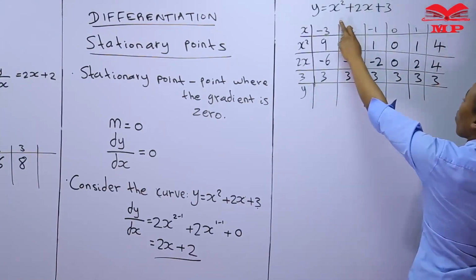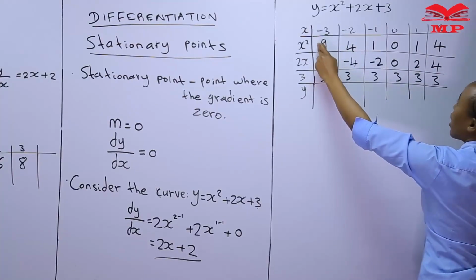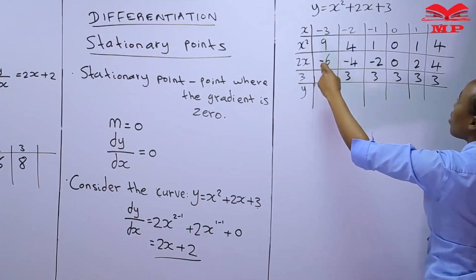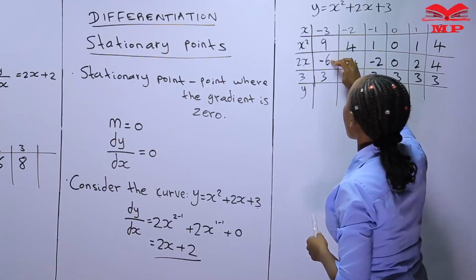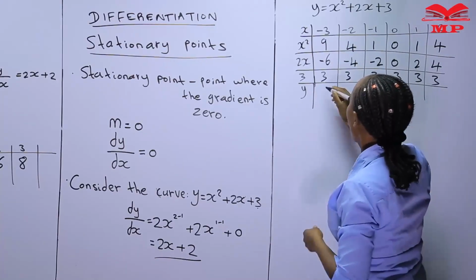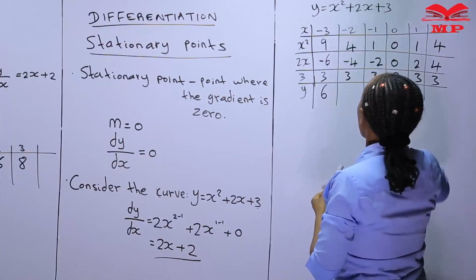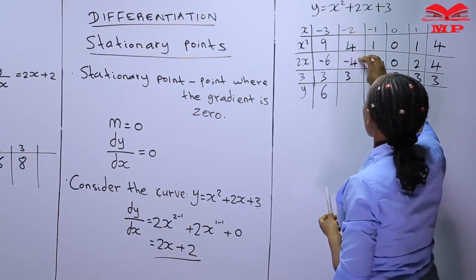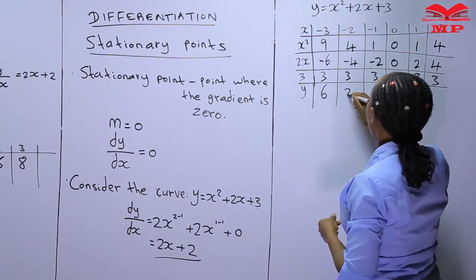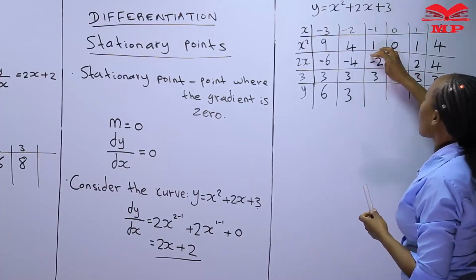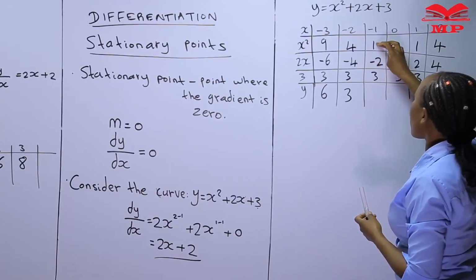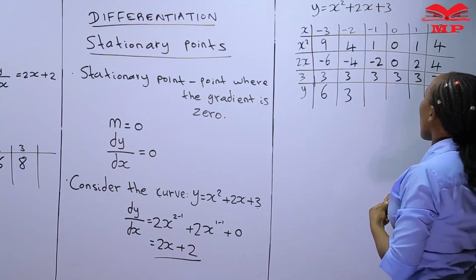So our equation, when we want to get the values of y, we take x squared plus 2x plus 3. So we have 9 plus negative 6, that is 3, plus 3, we have 6. Then we have 4 plus negative 4, that is 0, plus 3, 3. Here we have 1, then plus negative 2, it's the same as 1 minus 2, that is negative 1.